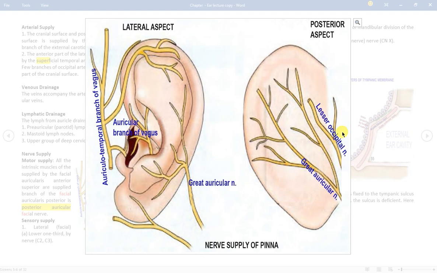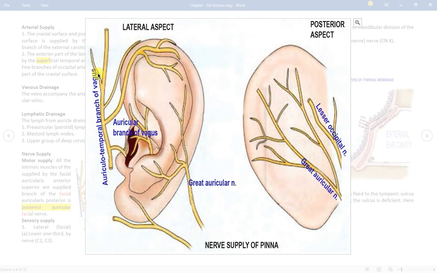Out of these, the first two branches, lesser occipital and great auricular, will go behind and supply the dorsal part of the pinna. And on the lateral surface of the pinna, we have three different branches, few rami from the great auricular nerve, and two other nerves, that is auricular branch of vagus nerve, that supplies the central part of the pinna, and auriculotemporal nerve, that will supply the upper part and rest of the parts.